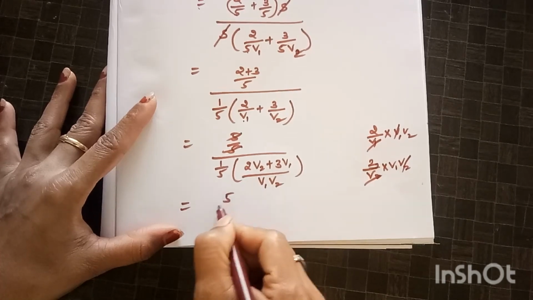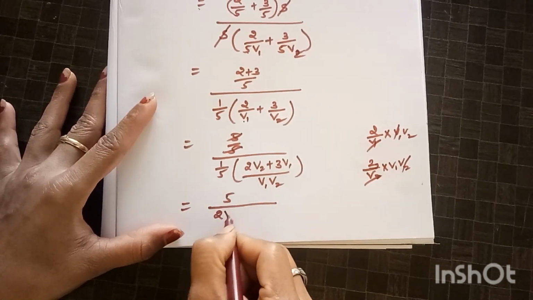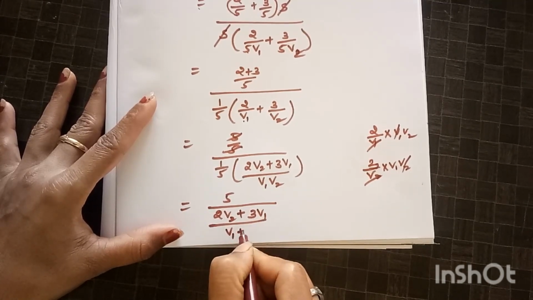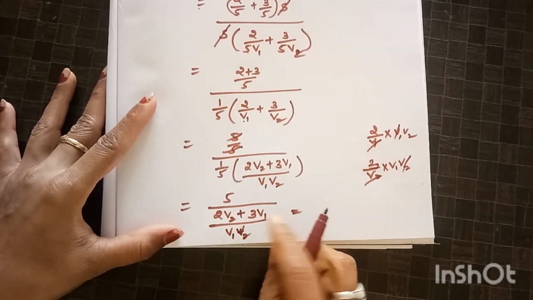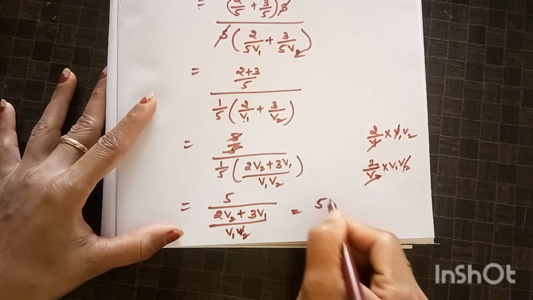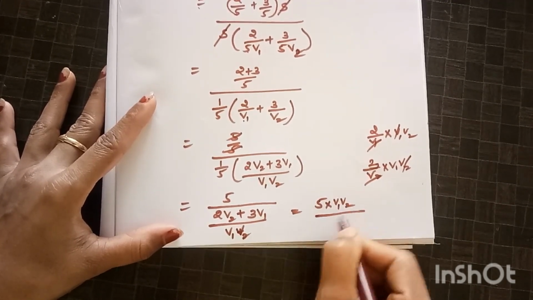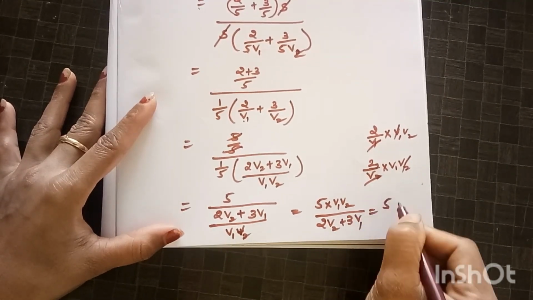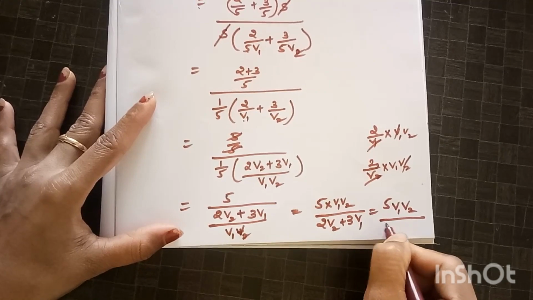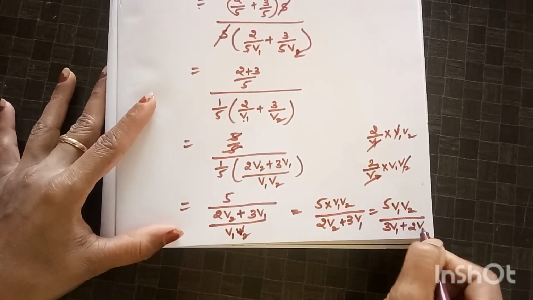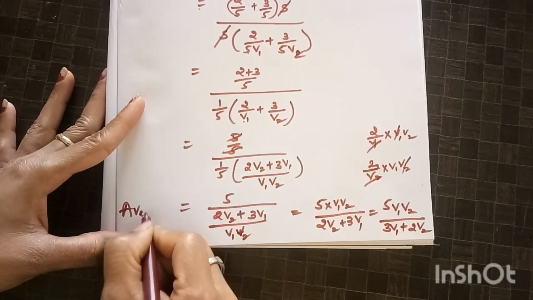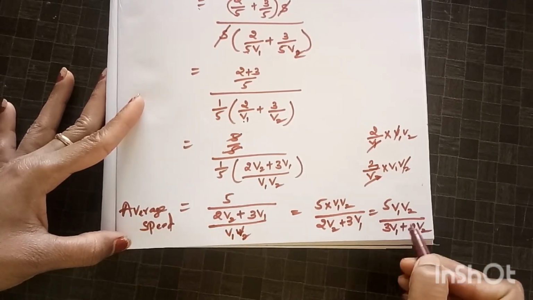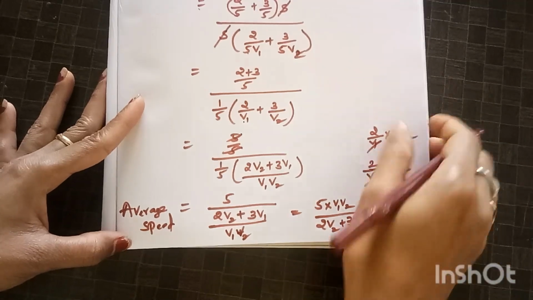You get 5 by (2v2 plus 3v1) by v1 v2, so make the reciprocal: 5 into v1 v2 by (2v2 plus 3v1). So the answer will be 5v1 v2 by (3v1 plus 2v2). So this is the average speed: 5v1 v2 by (3v1 plus 2v2).